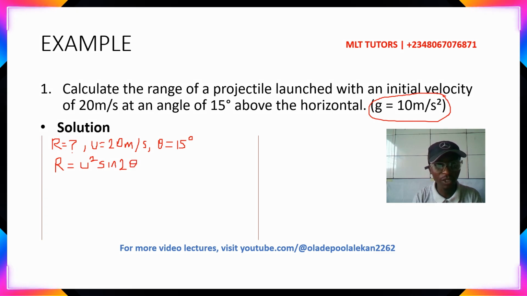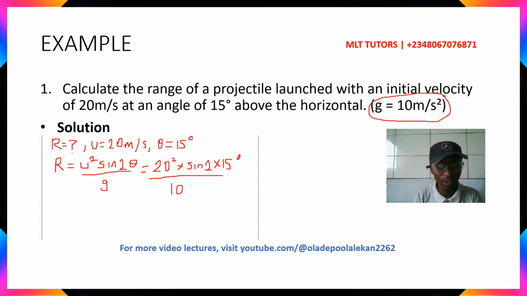Now substituting all these values into that equation, our range becomes u is 20, that will be 20 squared, then multiplied by sine 2 multiplied by 15 degrees, over 10, which is the acceleration due to gravity.